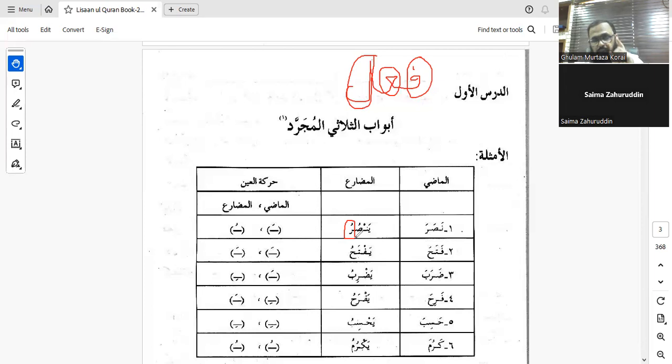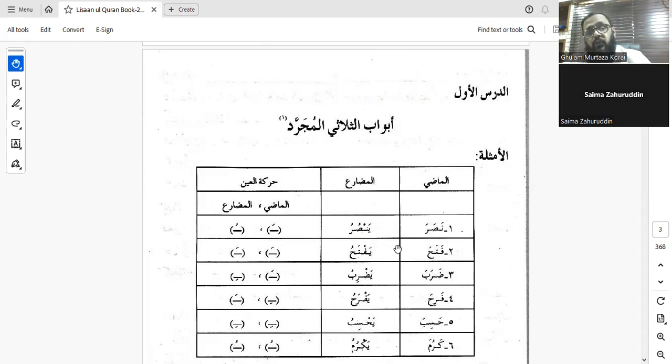So could you repeat that? There's five that end in dhamma. I understand that, but what was the question? Yes, yes. Okay. Sister, I hope you remember when we were discussing muzare, because muzare is marfu and it becomes marfu either with zamma or with the huruf, means with alif or with waw. So we understand that.